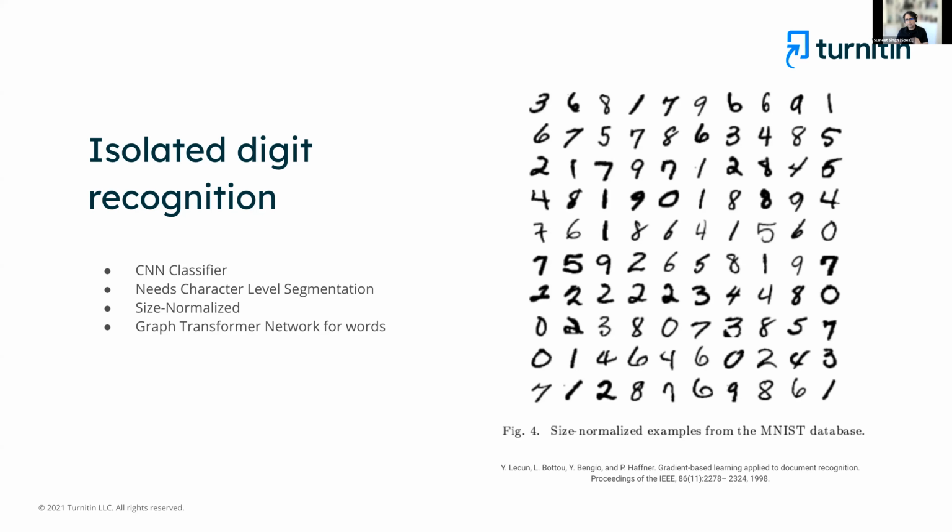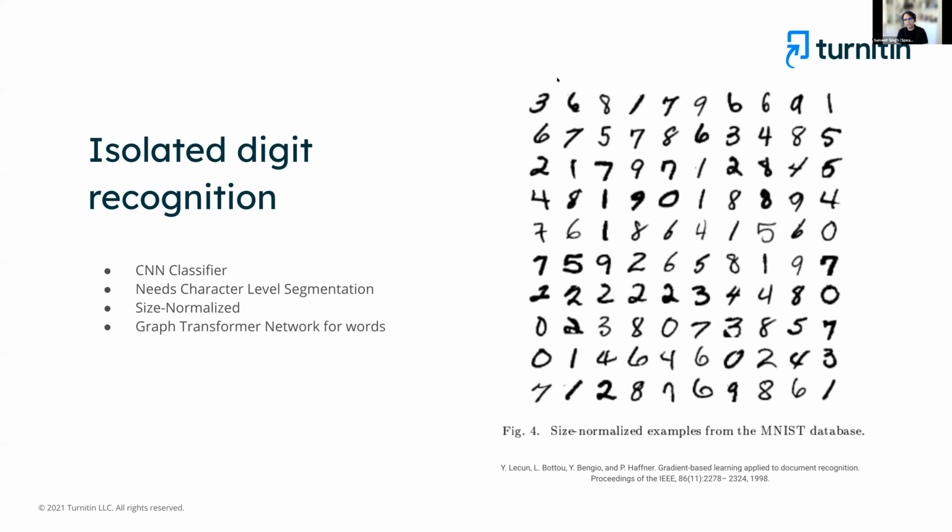And in order to recognize the full string of handwritten characters, numbers, they applied some heuristics, which I won't get into, called the graph transformer network, for recognizing words. By words, I mean if you have something like 368.10, how you recognize the full string if you're not given isolated digits.